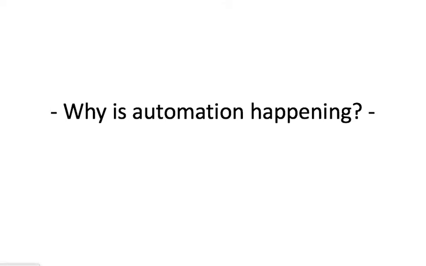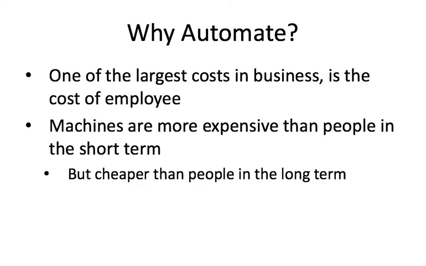So we touched on this a little bit already, but why exactly is automation happening? Automation has been happening for a very long time now. So why does this happen? The main reason is that in businesses or industries in general, one of your largest costs is the cost of workers or employees.